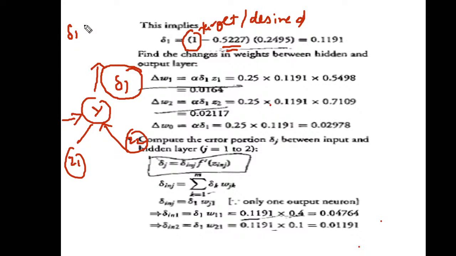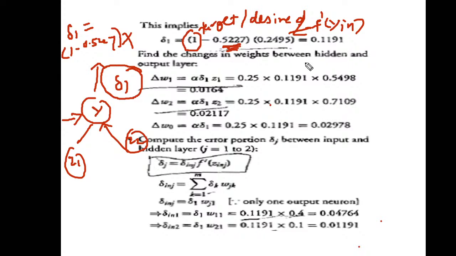Delta 1 is equal to 1 minus 0.5227. The 1 is the target, and this 0.5227 is your actual output, multiplied by f dash of y in, and f of y in is the actual output y.